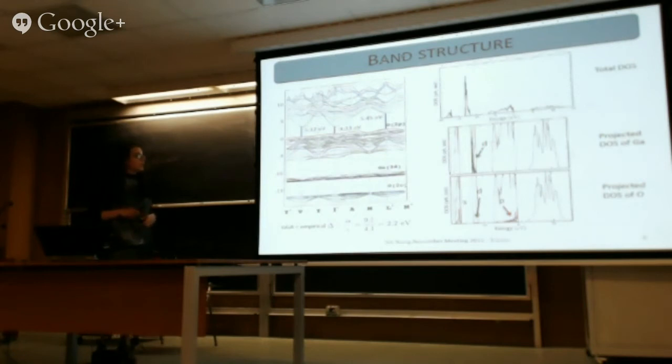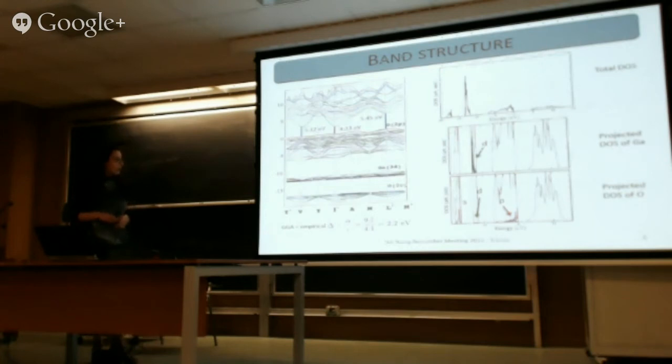As you can see in this picture, which shows the total density of states and the projected density of states for gallium, and this for oxygen, the valence band is mainly constituted by 2p states of oxygen, and the conduction band is mainly formed by 4s states of gallium.